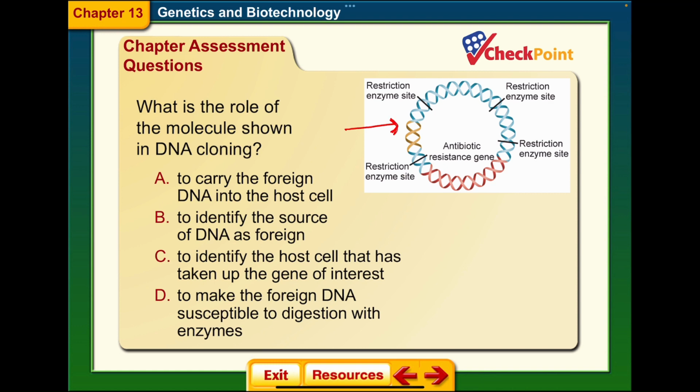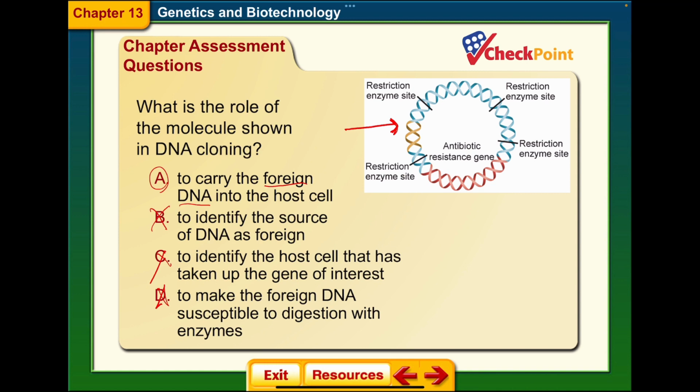Is it to identify the source of DNA as foreign? Obviously not. To identify the host cell that has taken up the gene of interest? Also not. To make the foreign DNA susceptible to digestion with enzymes? Also not. What this recombinant DNA does is help us carry the foreign DNA into the host cell, because we can't just insert our DNA however we want.